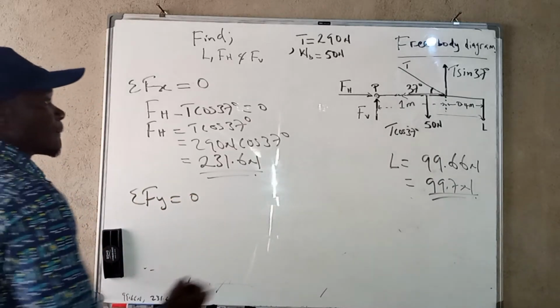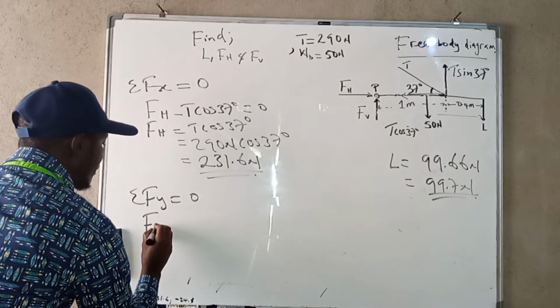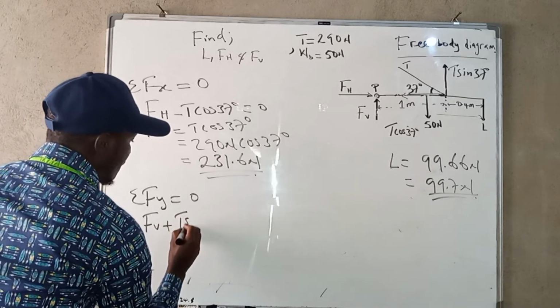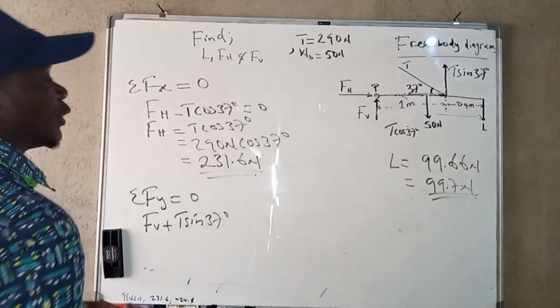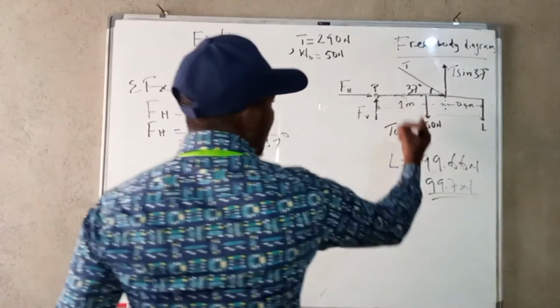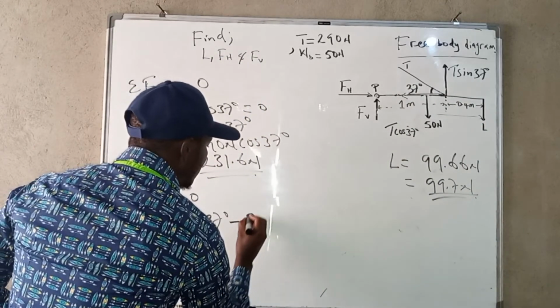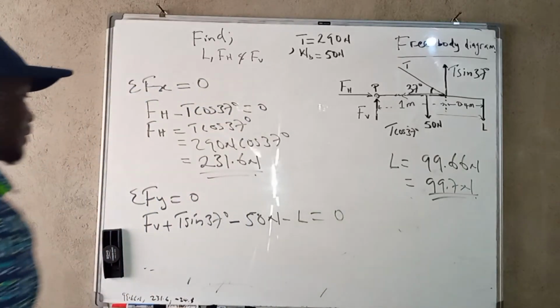So our forces in Y, we have FV, which is pointing up, plus T sine 37 degrees, pointing upwards again. Then we have the downward forces, minus 50 newtons minus L. This must give us 0.